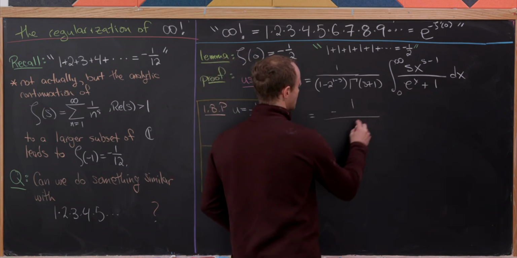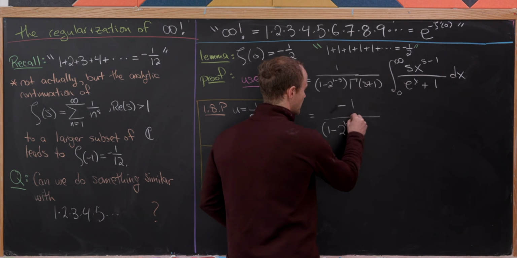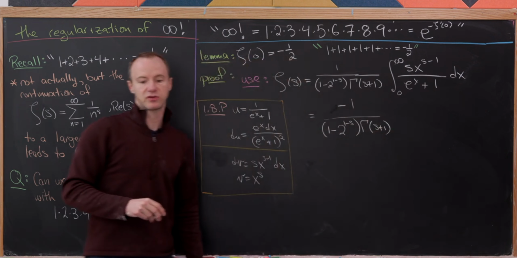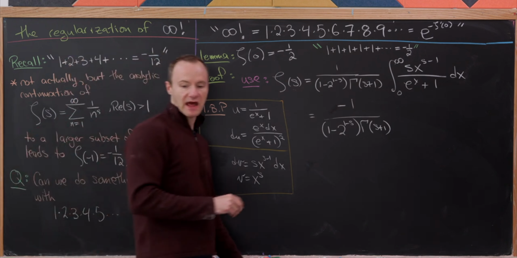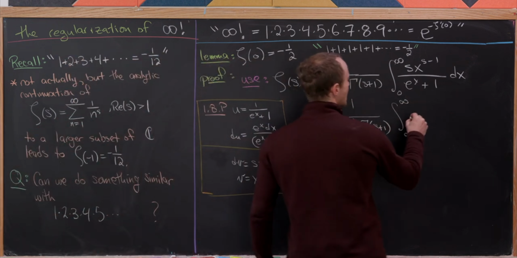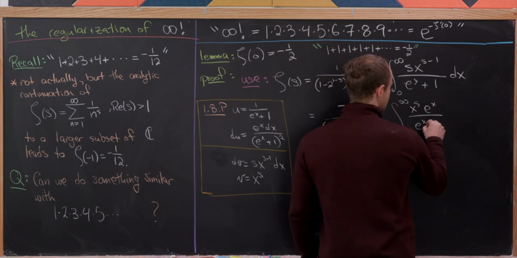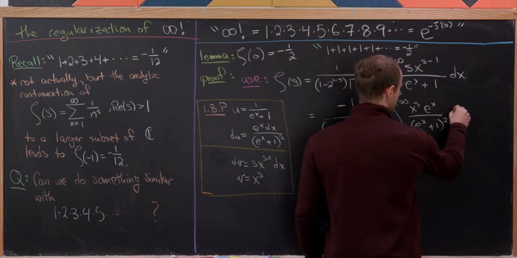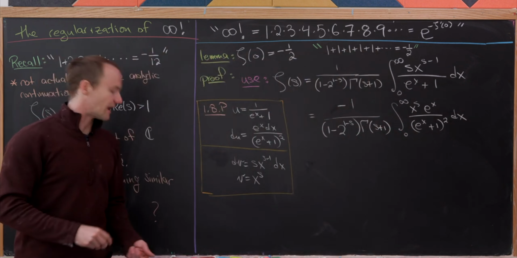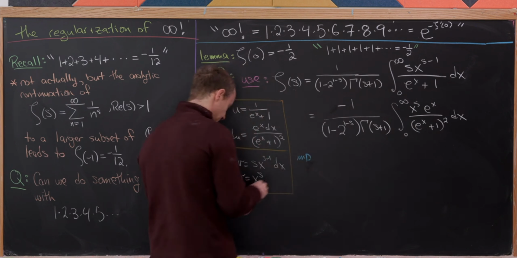We'll have a minus 1 over 1 minus 2 to the 1 minus s, and then we'll have gamma evaluated at s plus 1. And then after that, we'll have our integral from 0 up to infinity of x to the s, e to the x over (e to the x plus 1) squared dx.